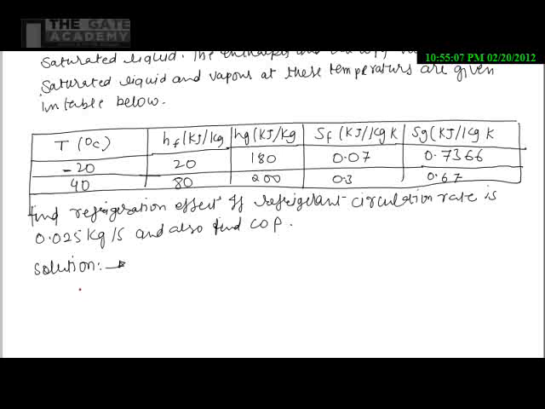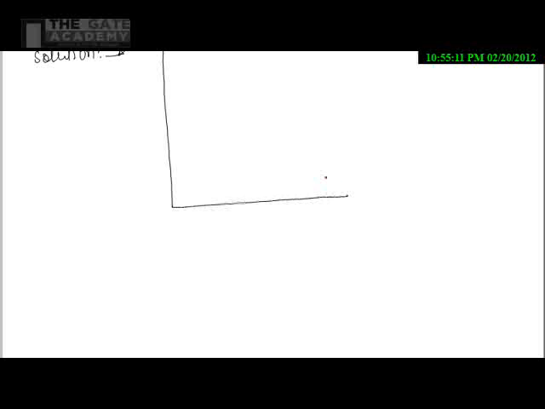Here I will draw the pH diagram for our understanding. In the problem it is mentioned the refrigerant enters the condenser as saturated vapor. Suppose this one is the entry point at the condenser, leaving as saturated liquid.